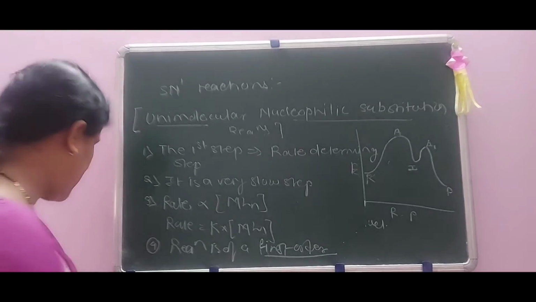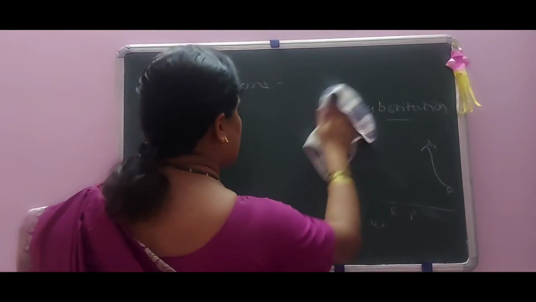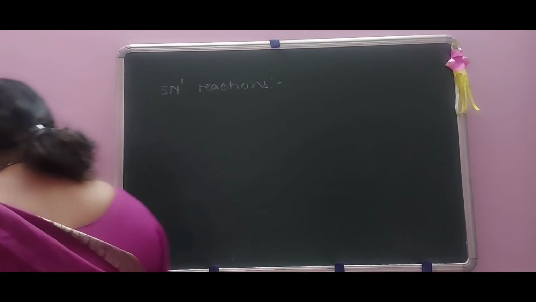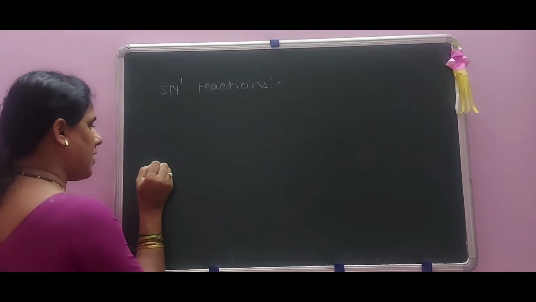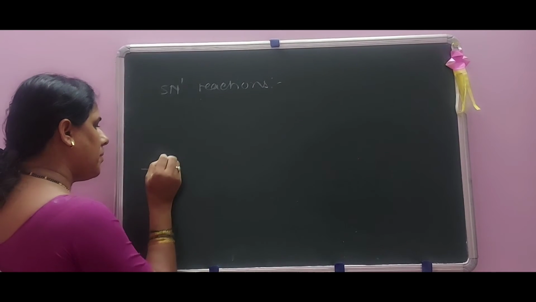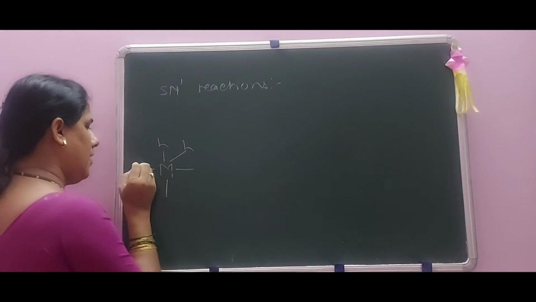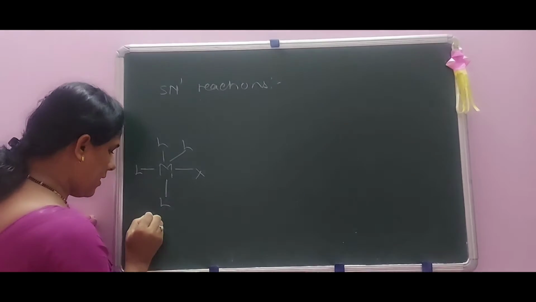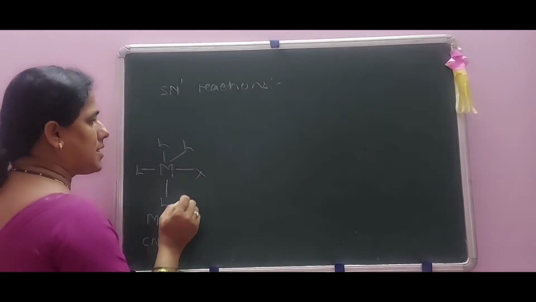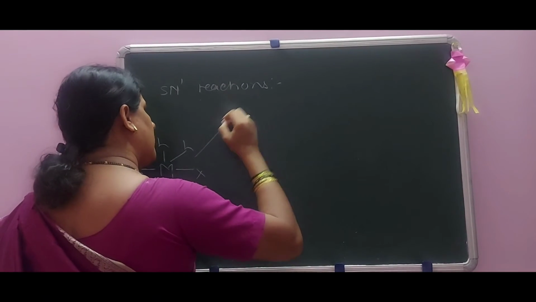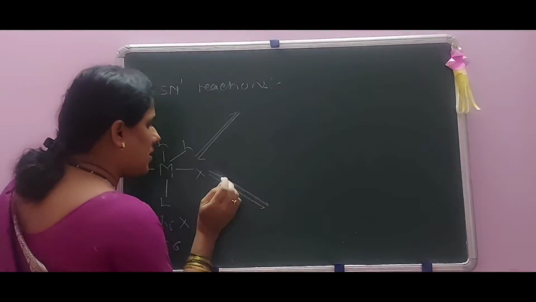Now, to define the mechanism pathway, we have to keep in mind all these conditions and characteristics. See the SN1 reaction mechanism here. You can draw ML5X, that is ML5 and X, with coordination number 6. There are two paths here; just concentrate on this path.